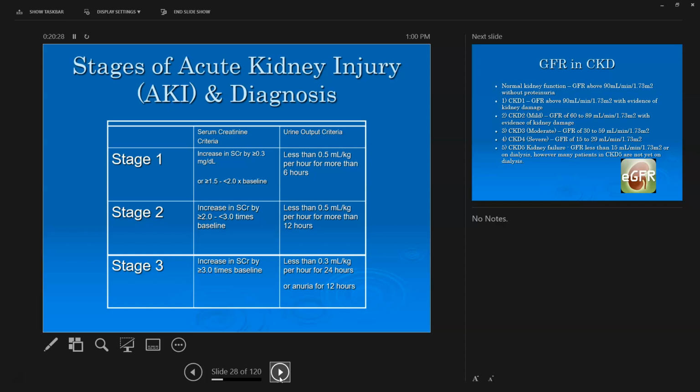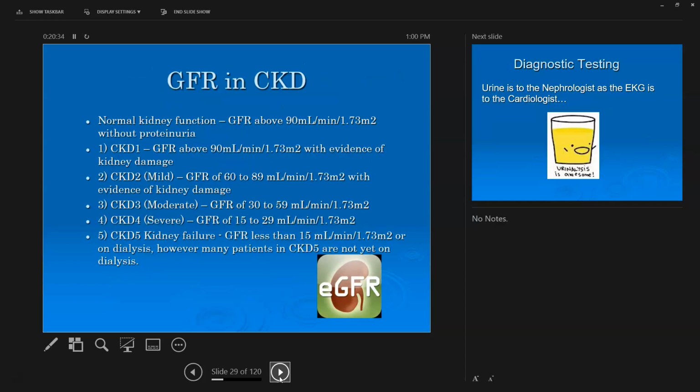That's a very good question, because most people won't say the stage of the AKI, they will just say the stage of the CKD. And this is how we would stage CKD according to GFR.